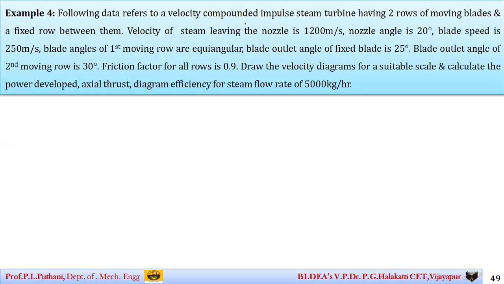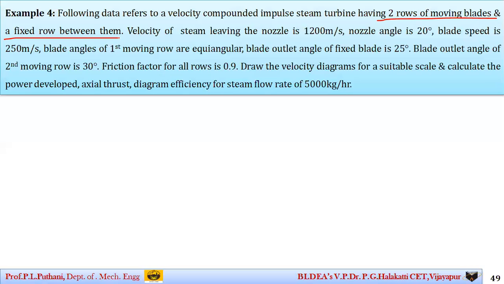In this multi-stage impulse turbine, the expansion of the steam takes place in two stages, having two rows of moving blades and a fixed row between them.